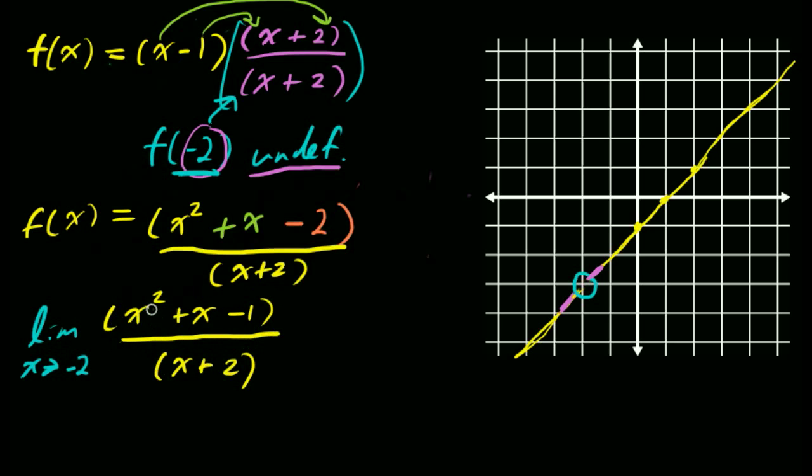And now, hopefully, if you're taking a calculus course, which again, you don't have to be to watch these videos, or if you have a calculus textbook or do a Google search for limit problems, you'll probably find something that looks a lot like this.